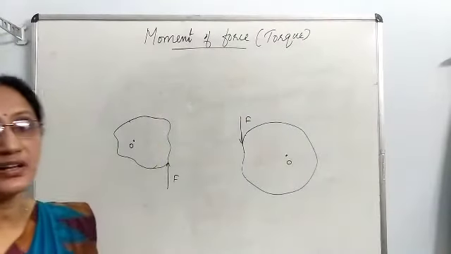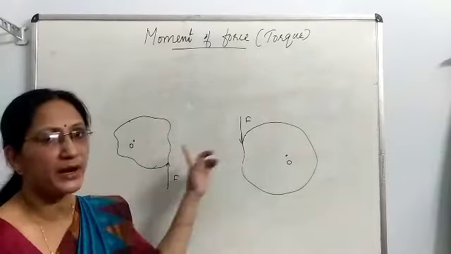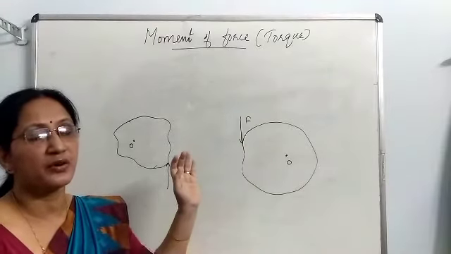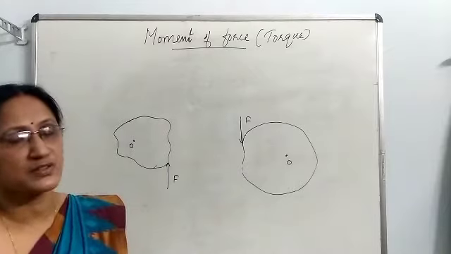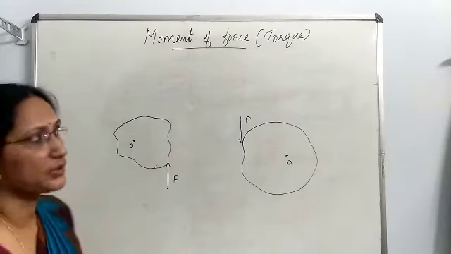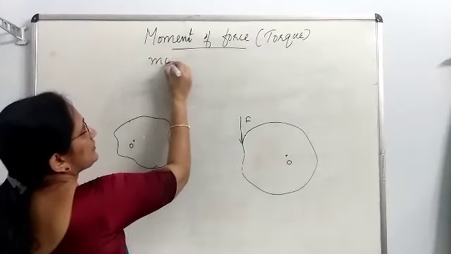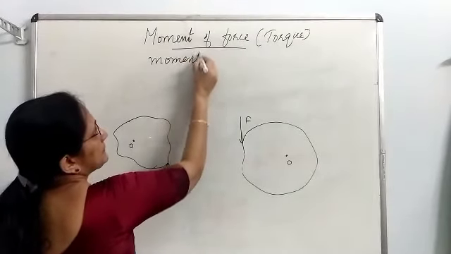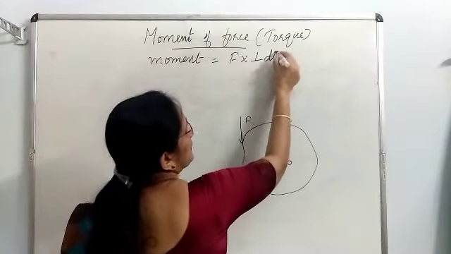It is the turning effect produced by a force. Whenever force is applied on a pivoted body, the body gets turned. The turning effect is known as moment of force, or it is also called torque. And the formula to find out moment is force into perpendicular distance.